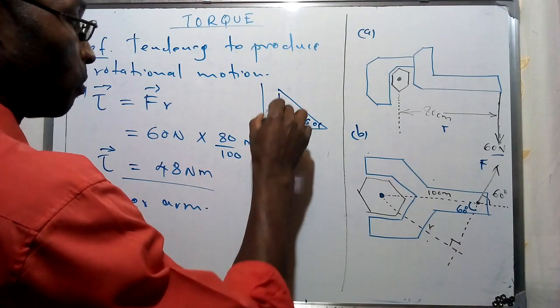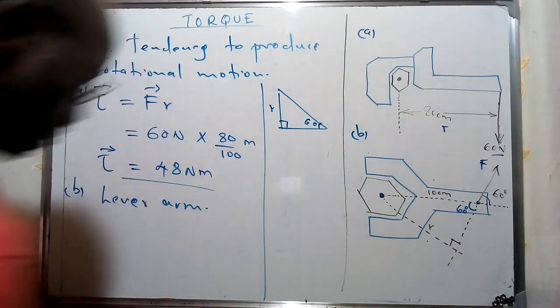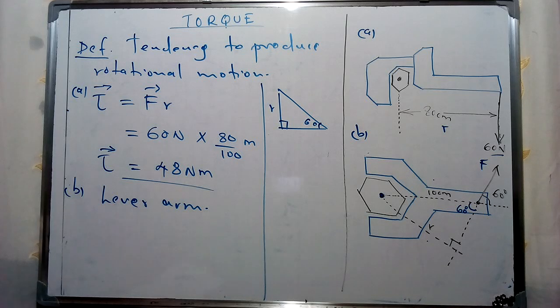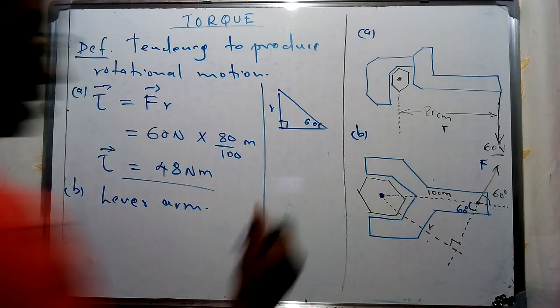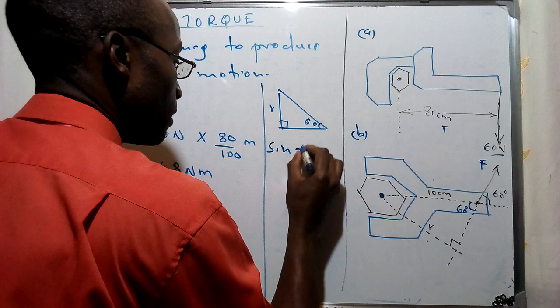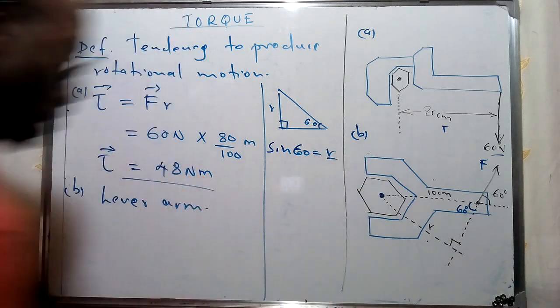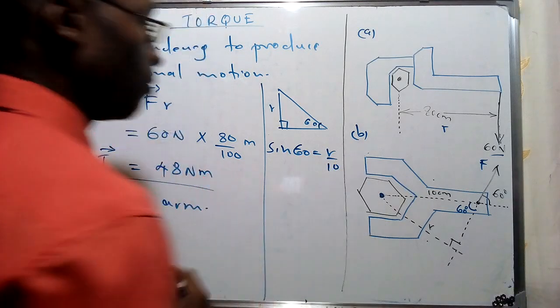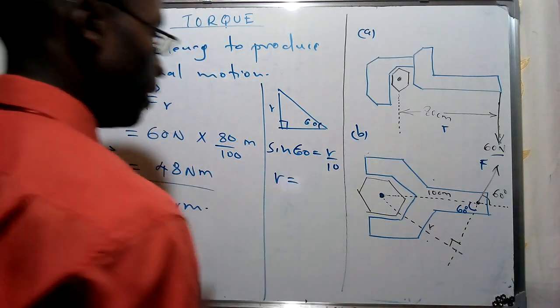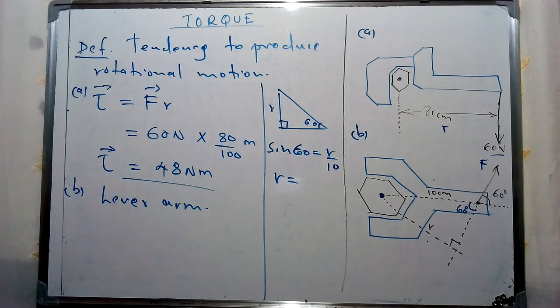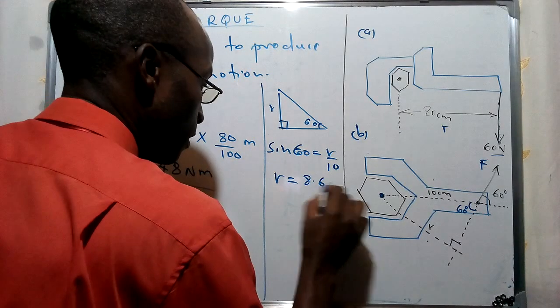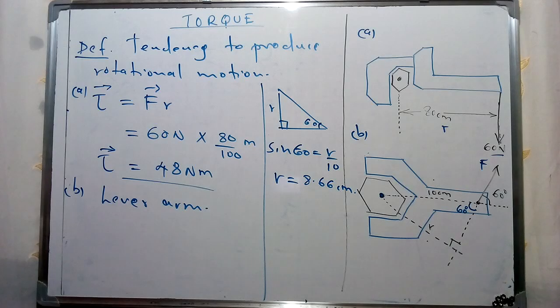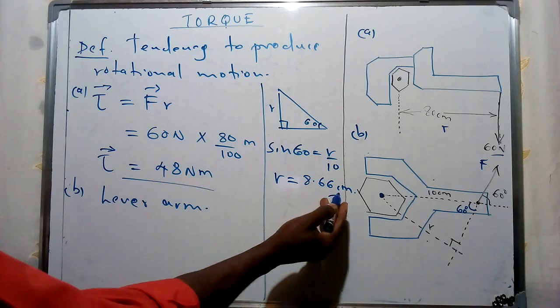And then this is going to be forming our R. So in this case, we will consider one of the trigonometric functions in assisting us trying to find the ratio for those specific representations, whereby we're going to consider the sine function, which is sine of 60 degrees is equivalent to R all over 10 centimeters. So in this case, we're going to find R in terms of centimeters, which from my evaluation is equivalent to 8.66 centimeters.